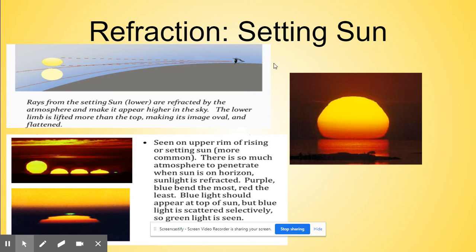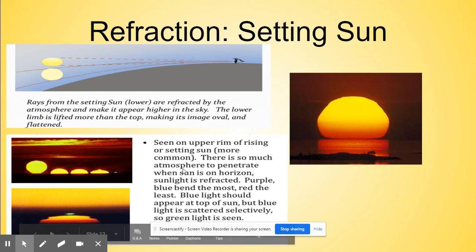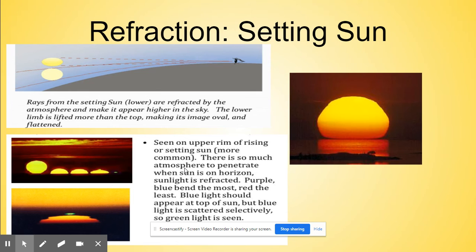Here's another example of refraction, our setting sun. Seen on upper rim of rising or setting sun, this is common. There's so much atmosphere to penetrate when the sun is on the horizon that the sunlight is being refracted. Remember, refracted means bent. Purple, blue bend the most, red the least.